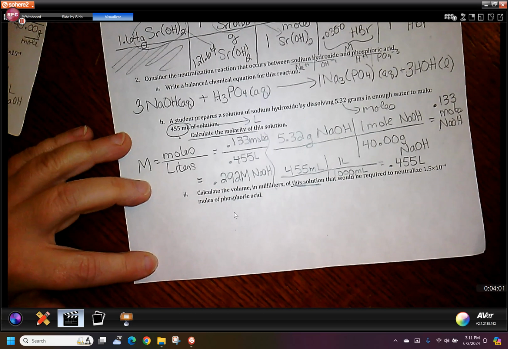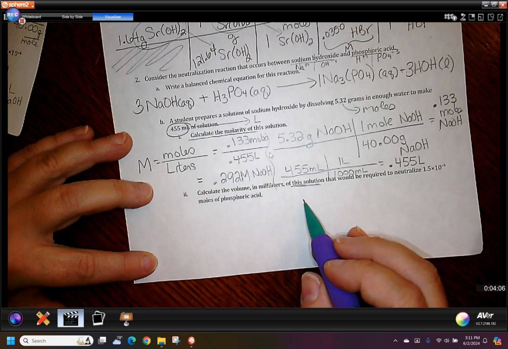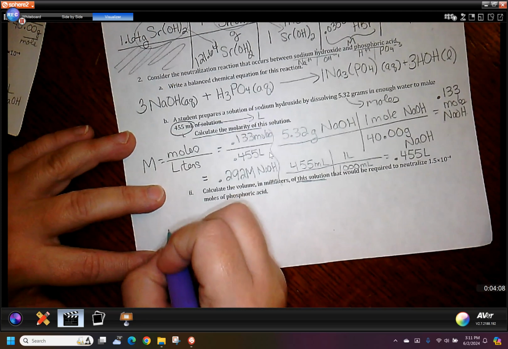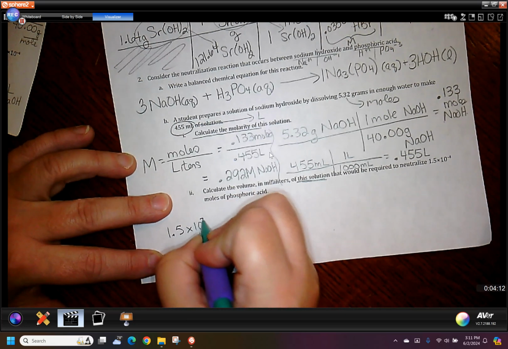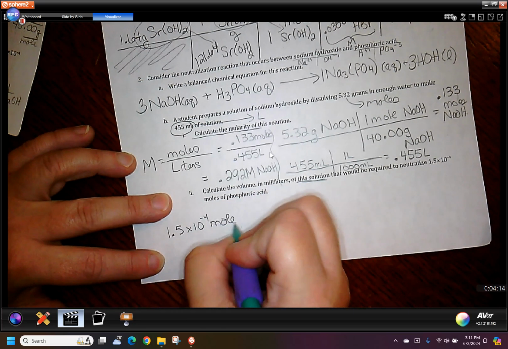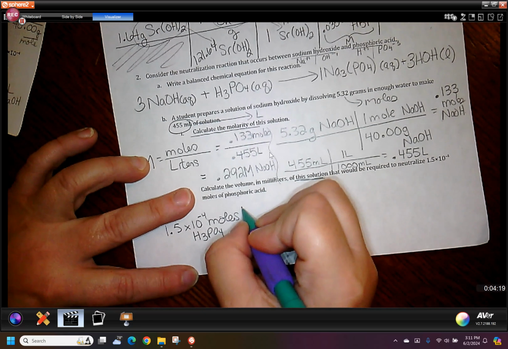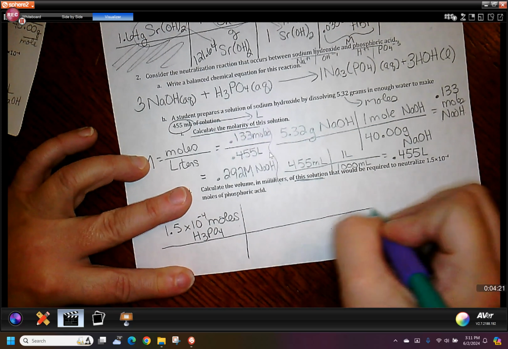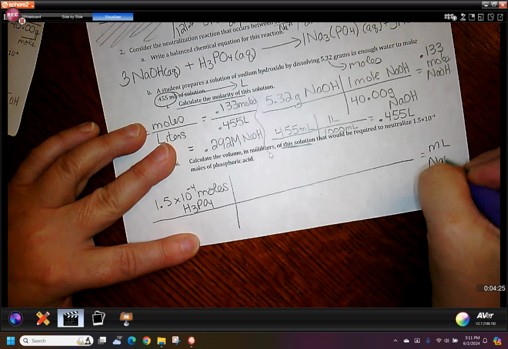So what volume, if I had that many moles of phosphoric acid, so 1.5 times 10 to the negative 4 moles of H3PO4, and I need to go to milliliters of NaOH.